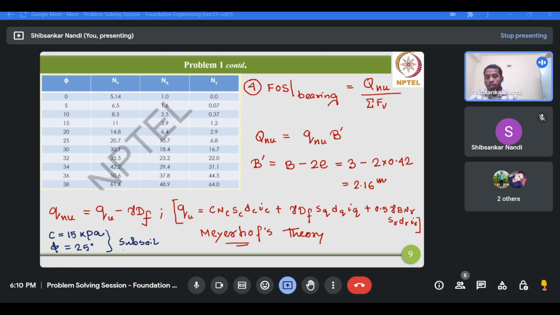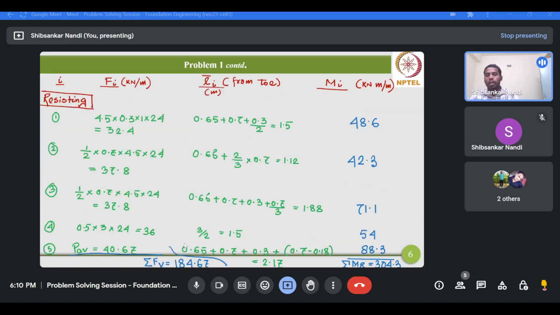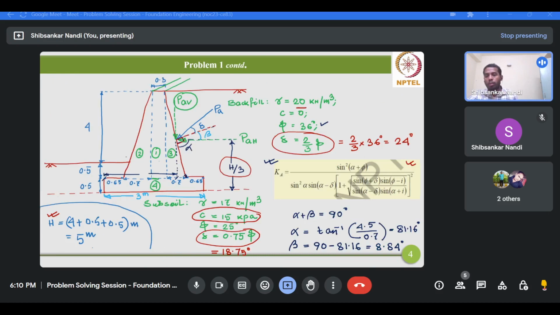And what is the depth of the foundation, the depth of the base? It is 0.5 plus 0.5, so Df is 1 meter.